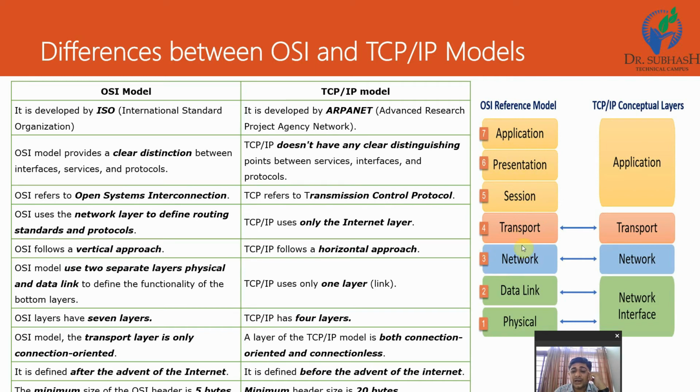See, I am repeatedly trying to make you remember all 7 layers, because that is most important from the perspective of examination as well as your theoretical concepts. If you want to learn in detail about individual layers, then there is a very good reference book written by Forouzan.